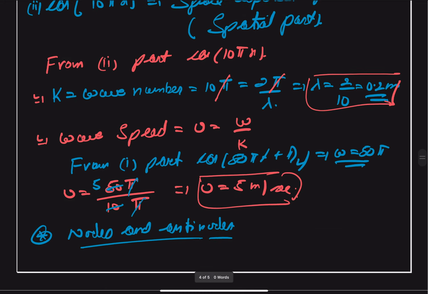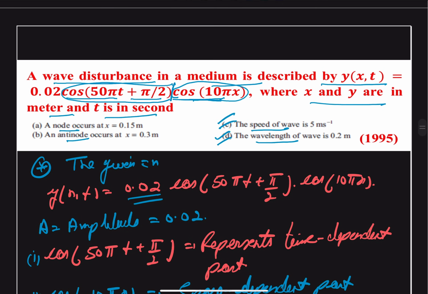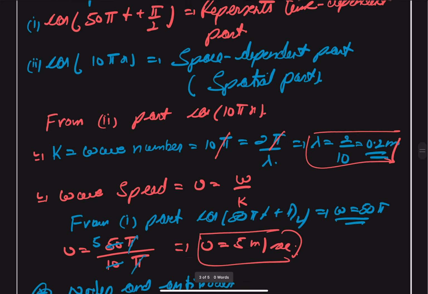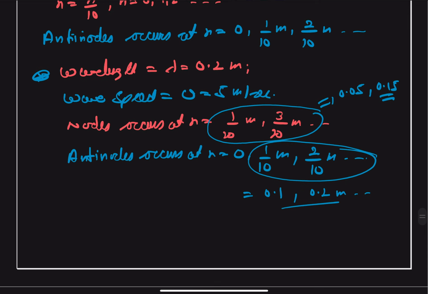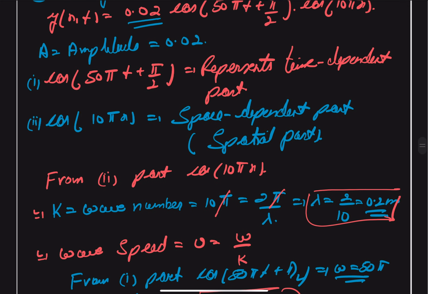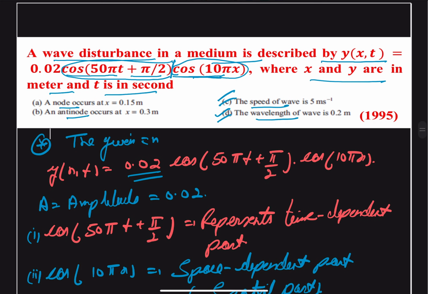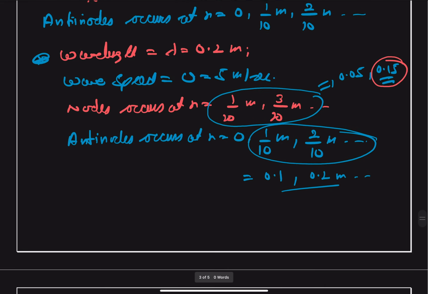So we have node at 0.15 meter. So this statement is correct. And antinode at 0.3 meter. And we have to find out antinode at 0.3 meter.